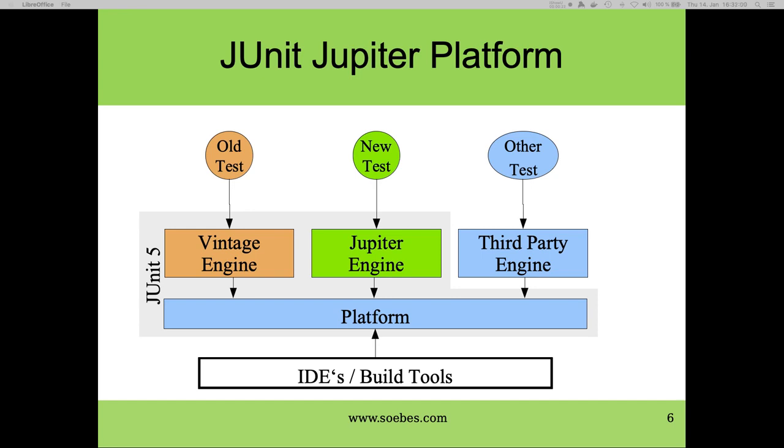The JUnit Jupiter engine is responsible for finding tests, identifying what a test is and how it looks, and then giving the information back to the platform, which then uses the engine, the platform runner, to execute the tests.